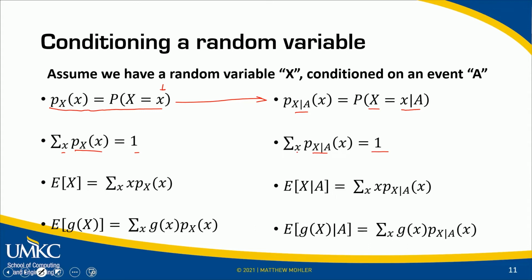The next equation is the expected value of x, and we said earlier that that is equal to the sum over all possible values of the random variable x of the value multiplied by the probability of that value, the PMF of that value, more accurately stated.